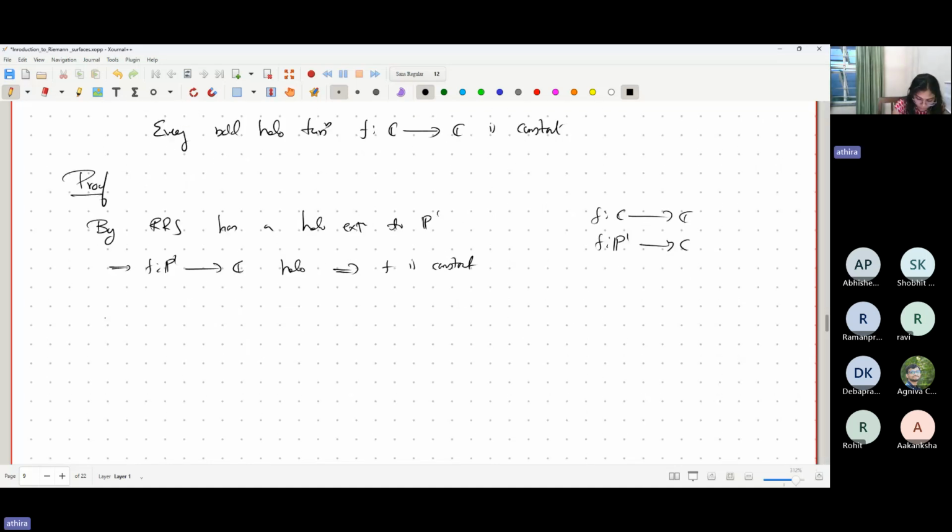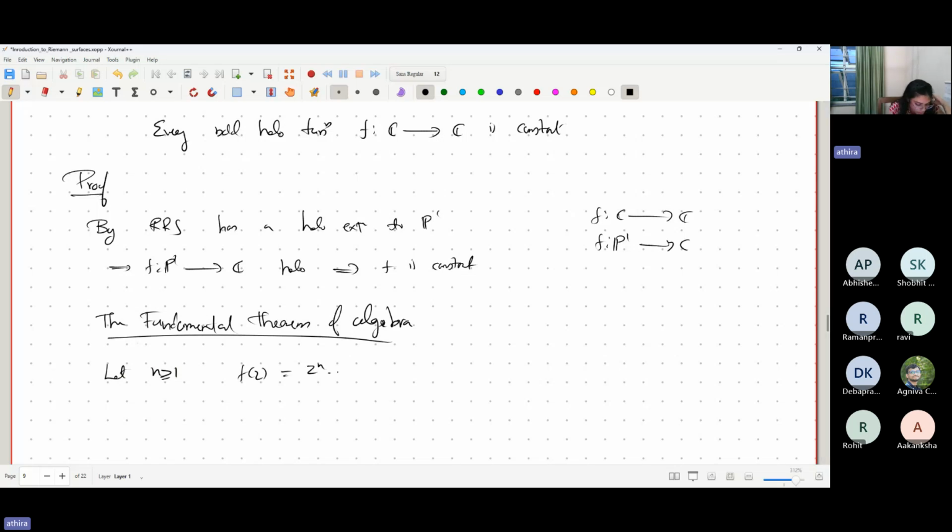Next is the fundamental theorem of algebra, the most eye-pleasing proof in this section. Let n be greater than or equal to 1 and let f of z be a polynomial with complex coefficients.